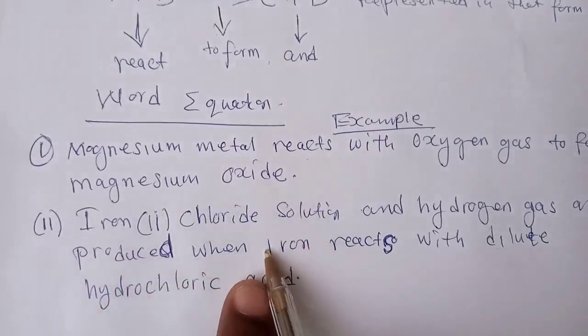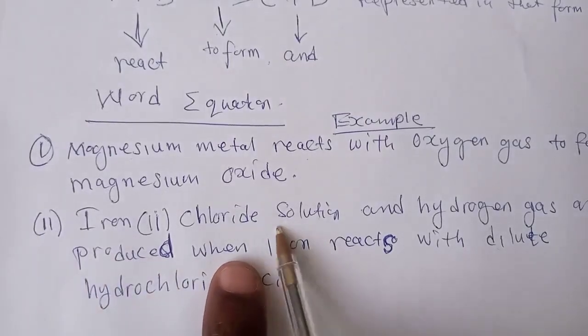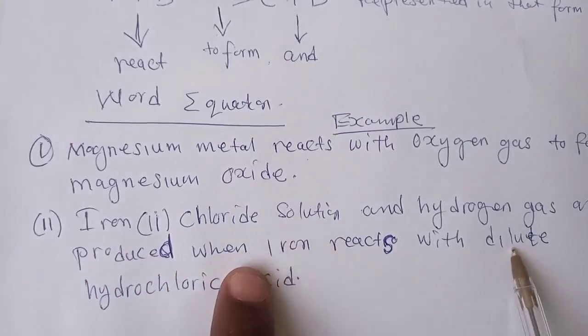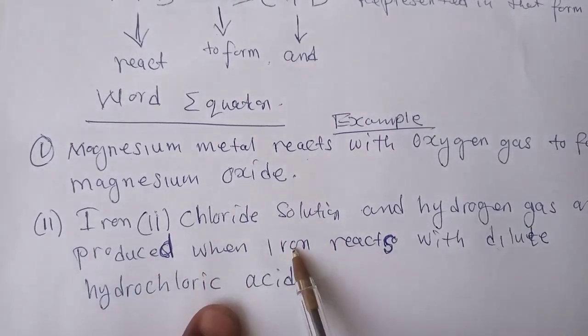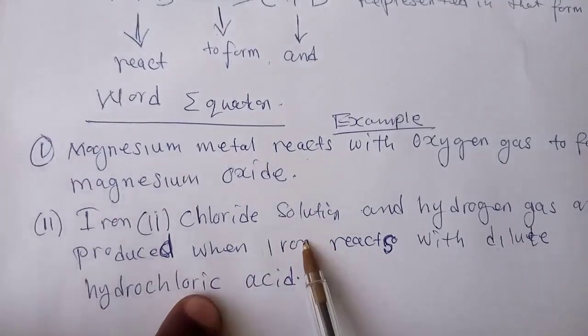So we've seen iron is a reactant. Iron reacts with what? Dilute hydrochloric acid. So iron and hydrochloric acid are the reactants.